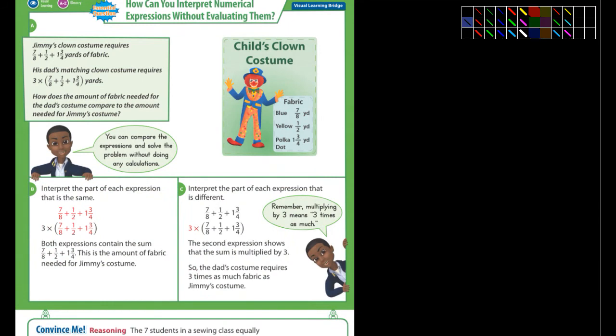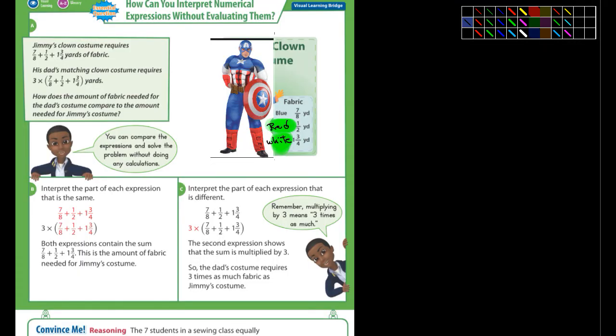Next page talks about clown costumes and Jimmy's costume and his dad's costume. I wasn't too keen on that clown costume, so I decided to put in a Captain America costume. I enjoyed those Avenger movies, and I'm kind of sad to see them end.